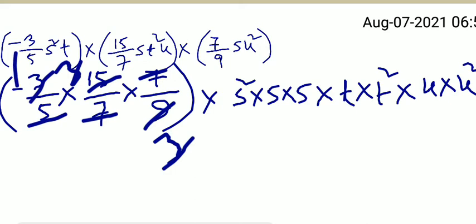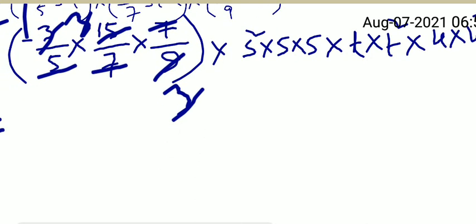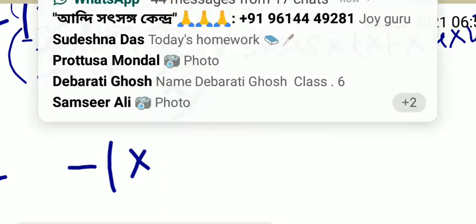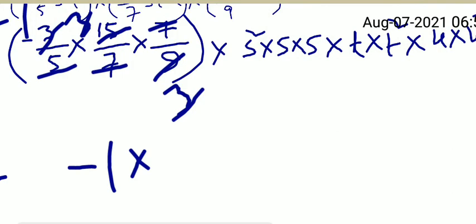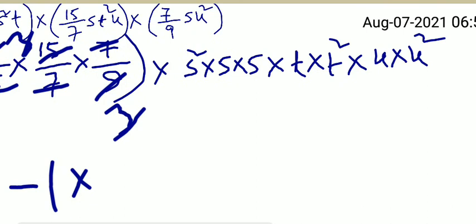So the answer here, write equal sign minus 1 into, look here students, you can see s square into s into s, that means it will be s to the power 2 plus 1 plus 1.